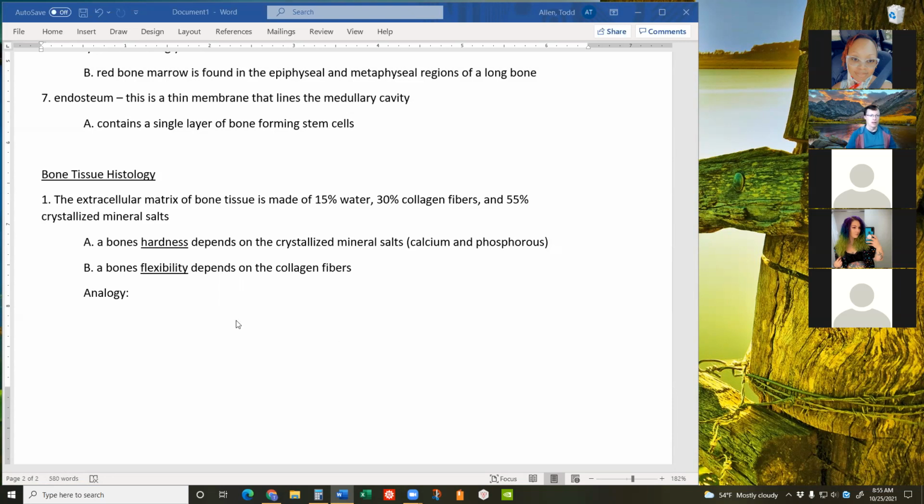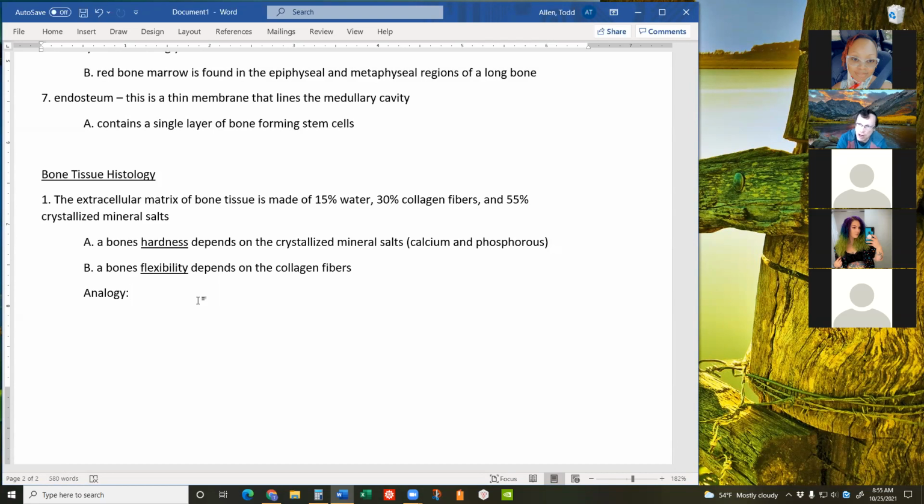bone. So why do bridge and highway engineers build bridges and highways out of steel reinforced concrete? Well, for two reasons. The concrete provides a very firm hardness that we can use to support weight.